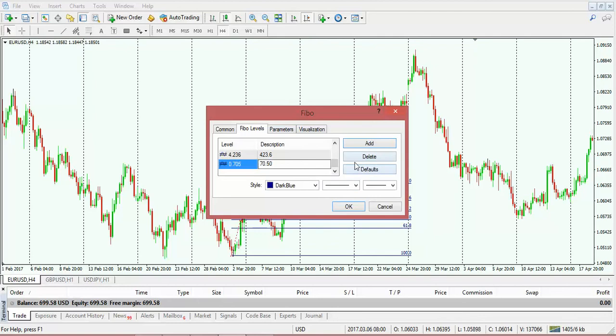It's not part of the customized settings. And I'll add another one. 0.79, that is a 79.